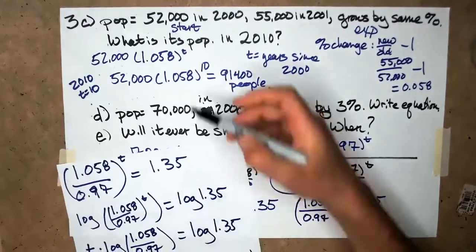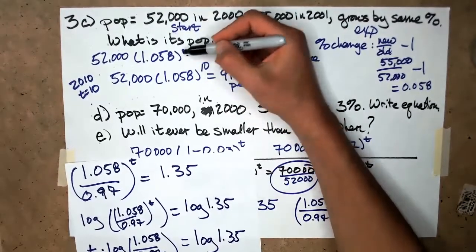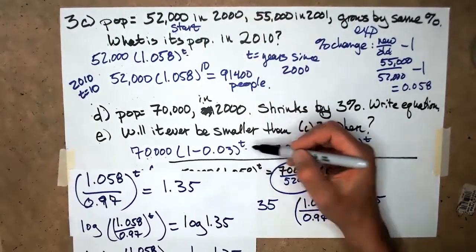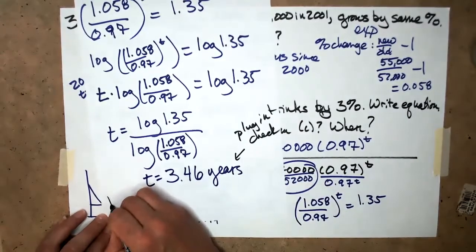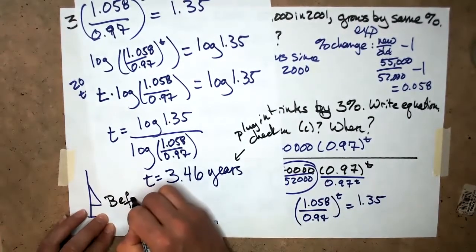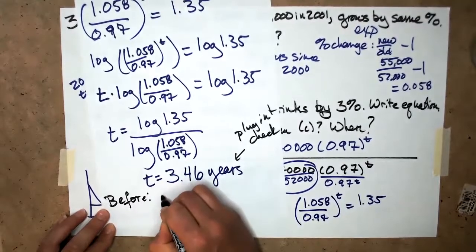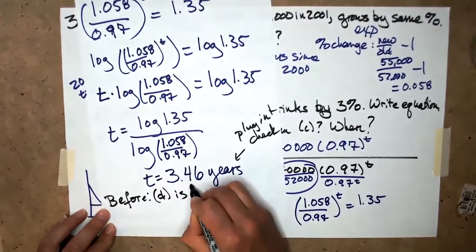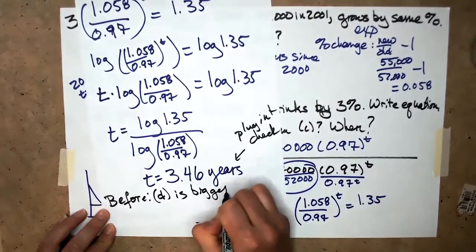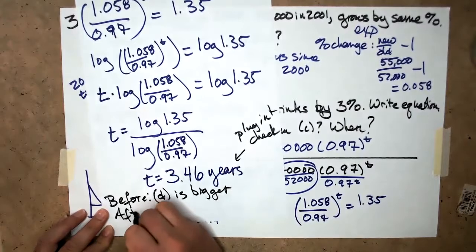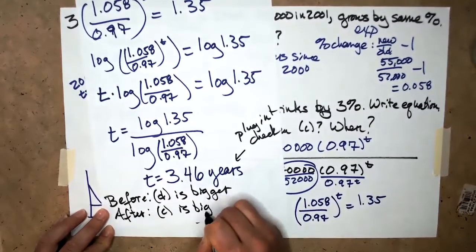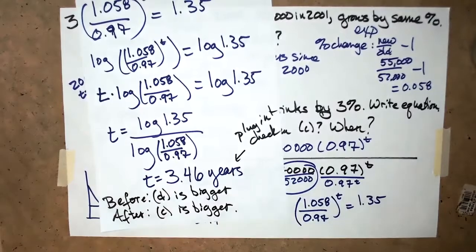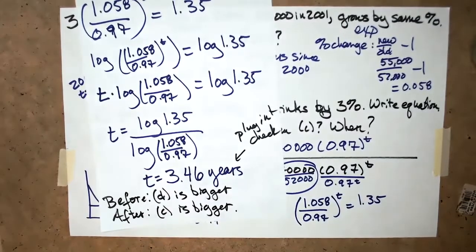Plug it into this equation here and this equation here and see that you get the same thing. Before then, city D is bigger. And after that, the city in part C is bigger. So there you go. That's problem 3.